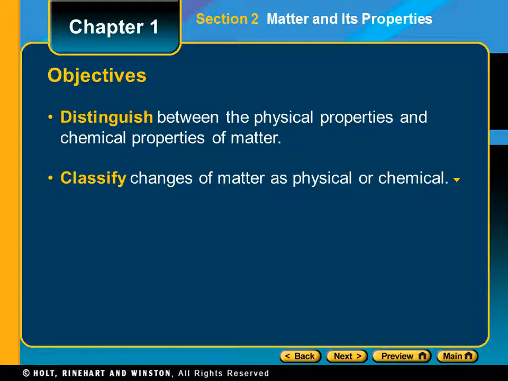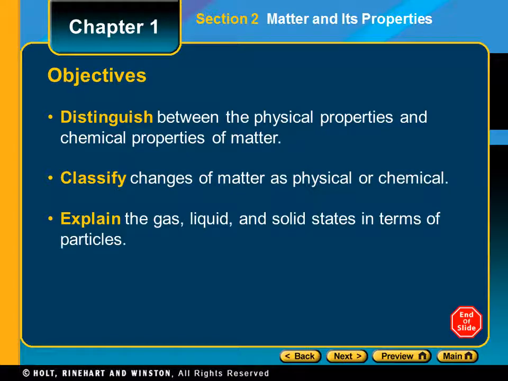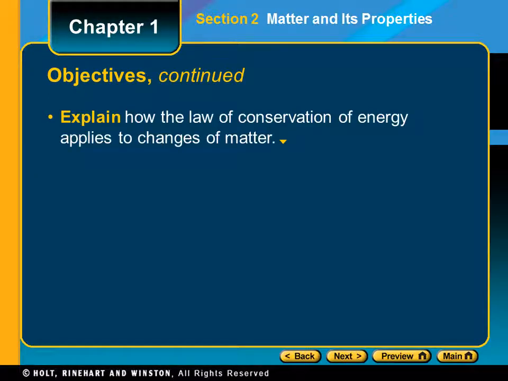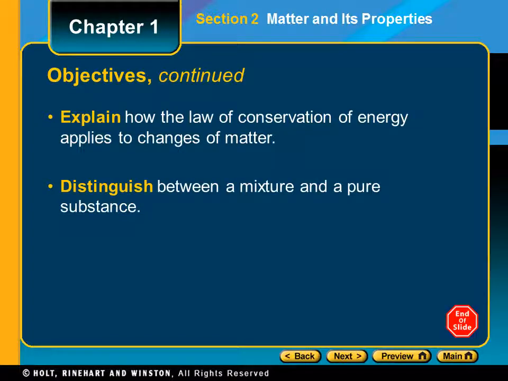Sometimes matter changes, it's a chemical change, and there are definitions that allow us to classify that appropriately. And look at gas, liquid, and solid states in terms of their particles. Basically, that is know and understand the particle theory of matter. Explain the law of conservation of energy as it applies to changes in matter. Distinguish between a mixture and a pure substance.